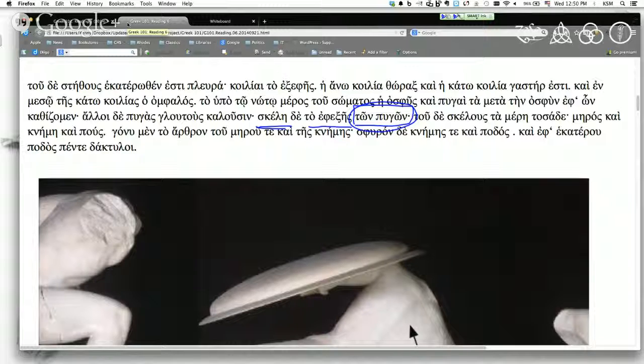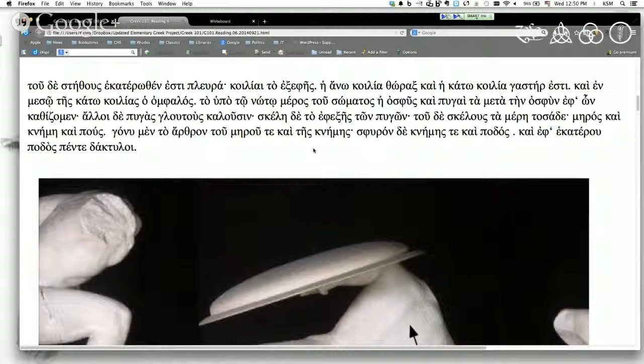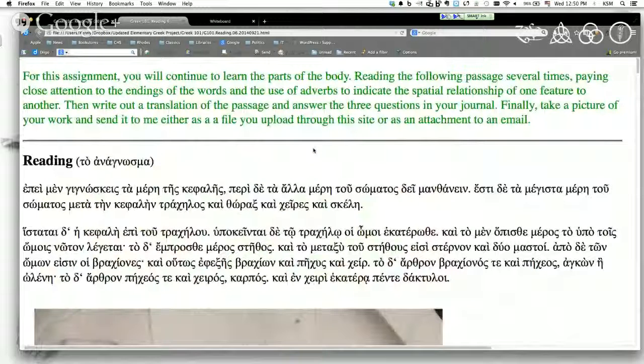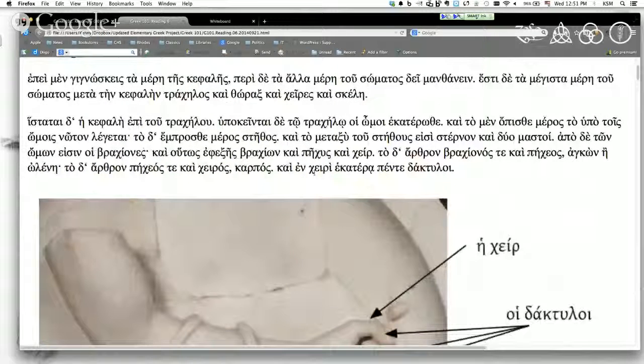Okay, so let me show you something. Here we go. Look at this one right here. Apo ton homon eisen hoi brachiones. Paraphrase. So like from the shoulders come the arms.